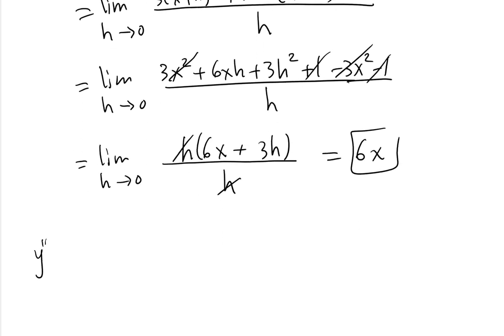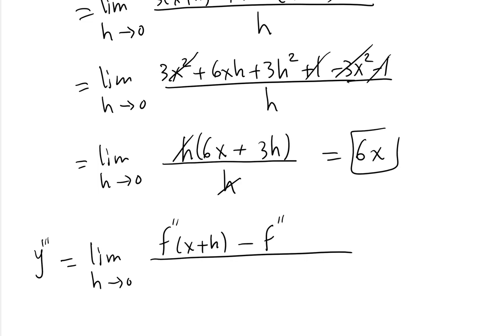So y triple prime is the limit as h goes to 0 of f double prime of x plus h minus f double prime of x, which is this one, all over h.